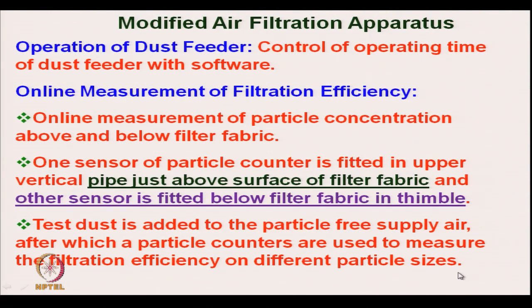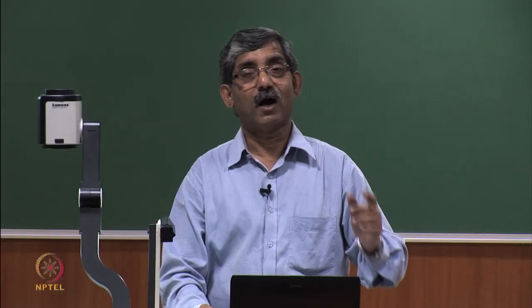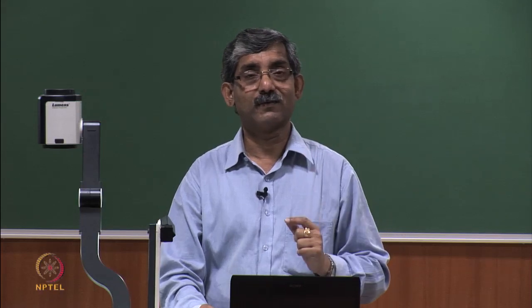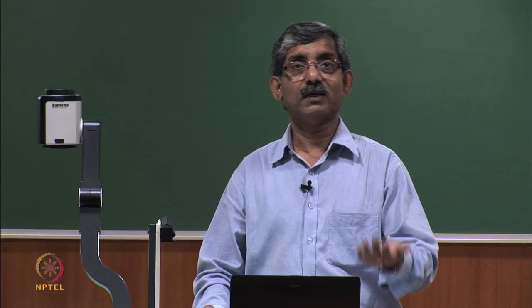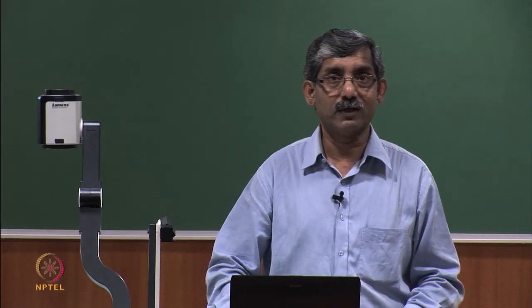So, we can measure the filtration efficiency for a particular fabric with different particle sizes. It will automatically give the filtration efficiency, and how the filtration efficiency changes with time can also be obtained using this modified instrument.